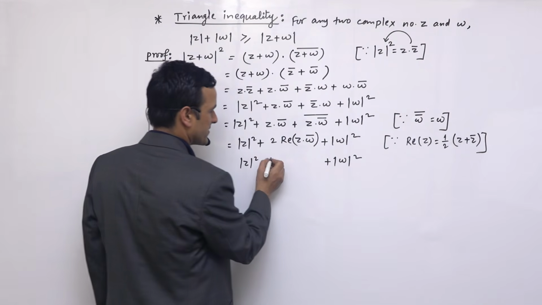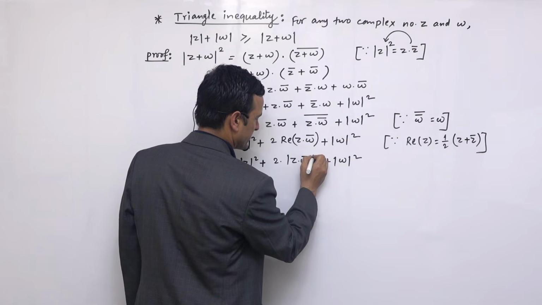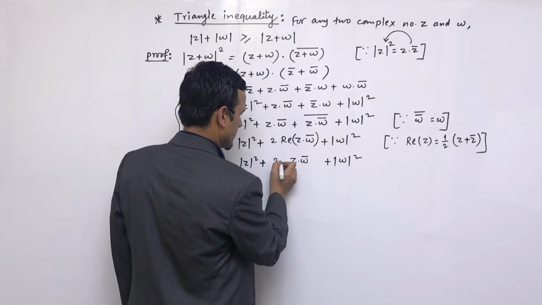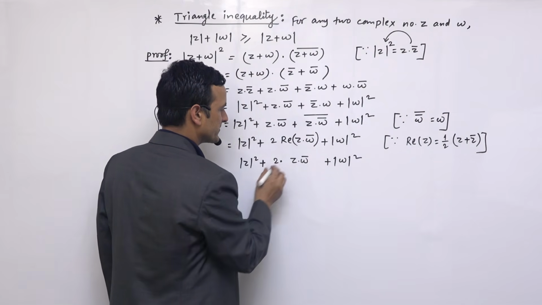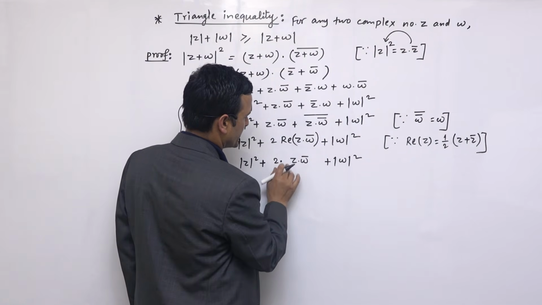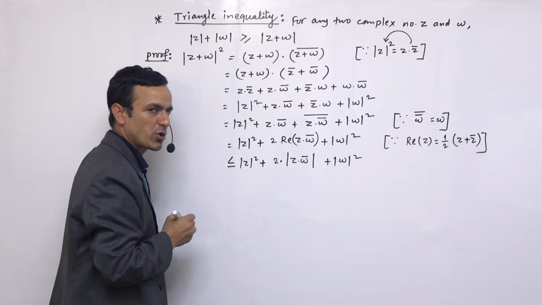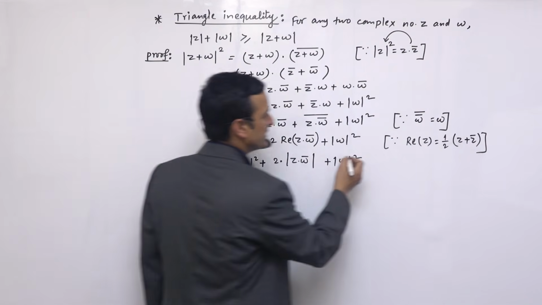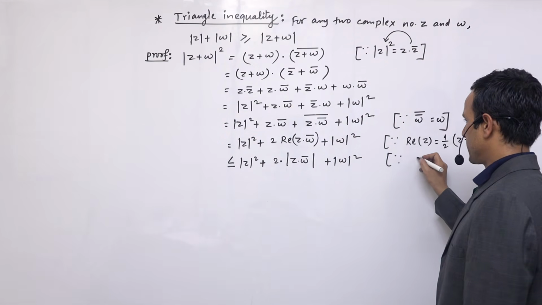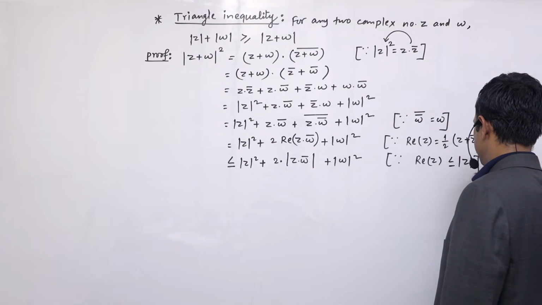Now in between we have 2 times modulus z into w bar, 2ab. Now this is not a bracket, this is modulus. If you take modulus, then this will be less than or equal to, and we can write down the properties over here: the real part of z is less than or equal to modulus z.